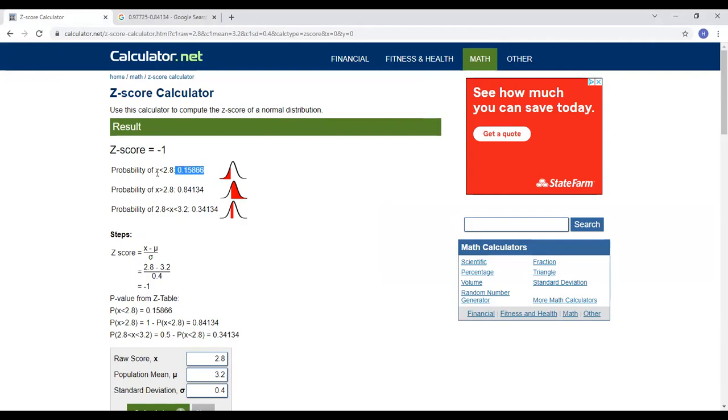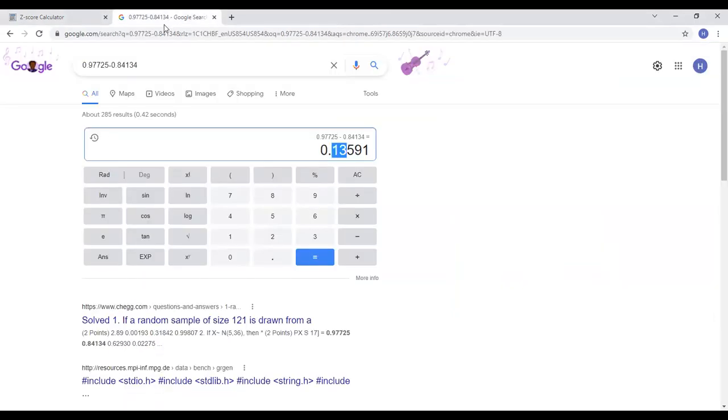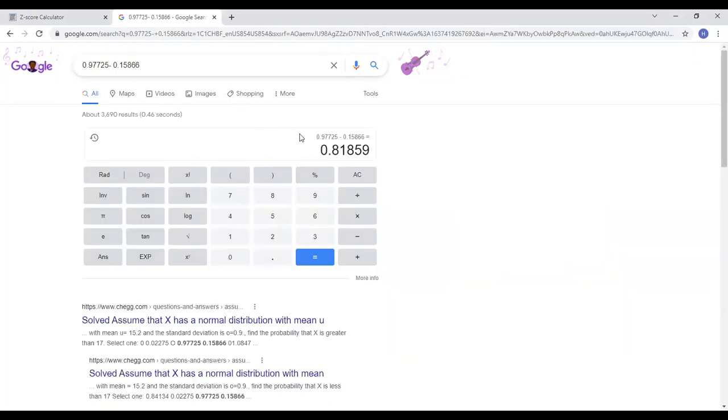I would like to pick the probability of X being less than 2.8, and that's what I need to subtract from that one. Then hit enter, and the answer should be 81.86%. That's what the website says. I'm sorry, the slides say. So that's what it is.